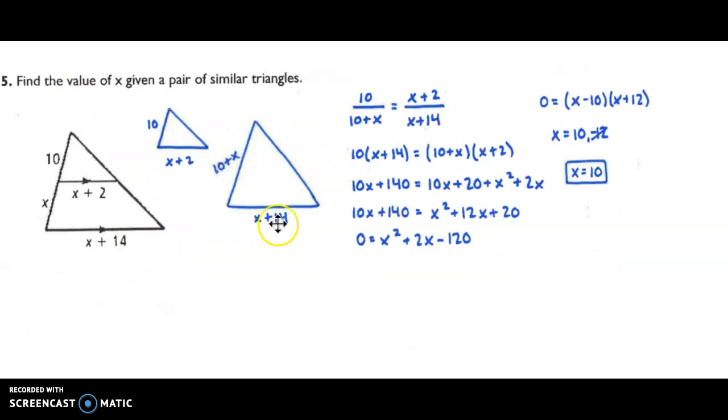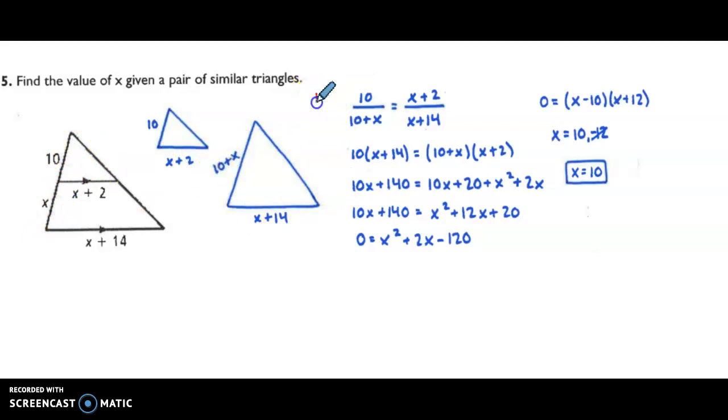Okay. Here, the main thing that I wanted to point out is the importance of splitting it into two smaller triangles, right? Because the common mistake that some students do is, you see how here, right, the small triangle this side is 10, and the overall triangle is 10 plus x, right?